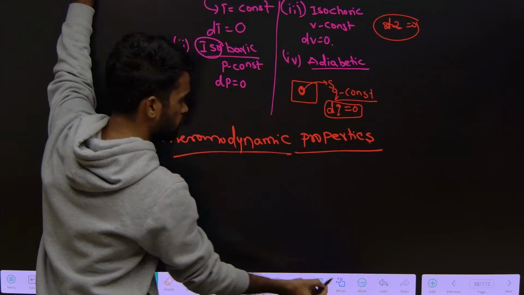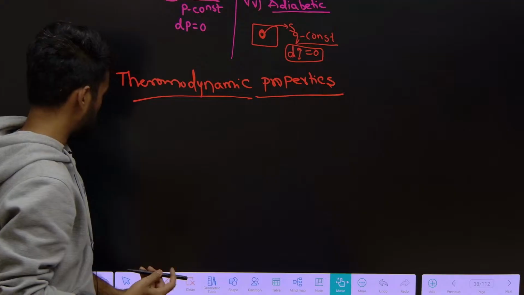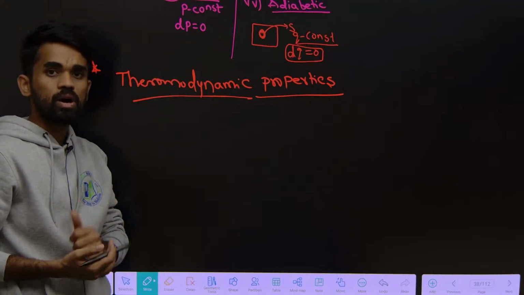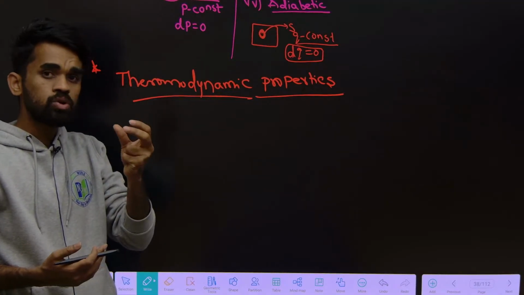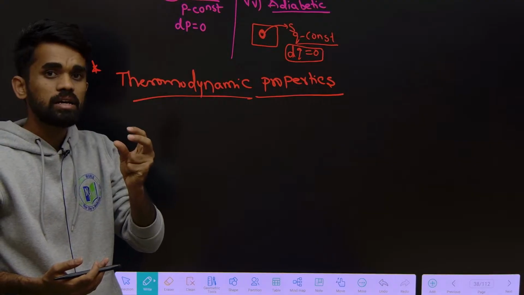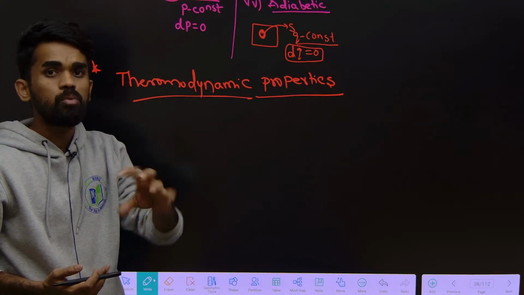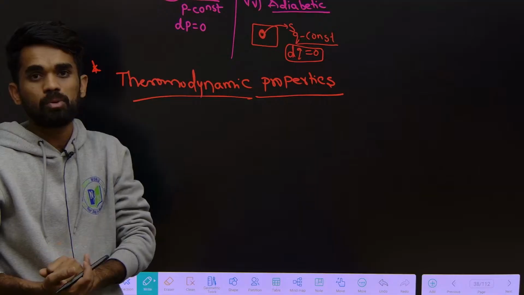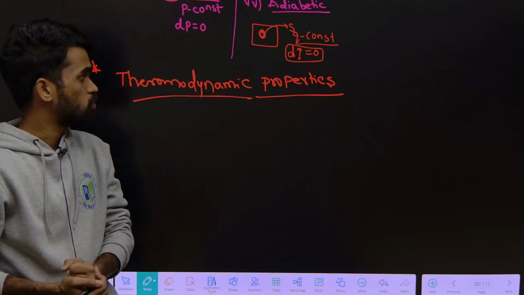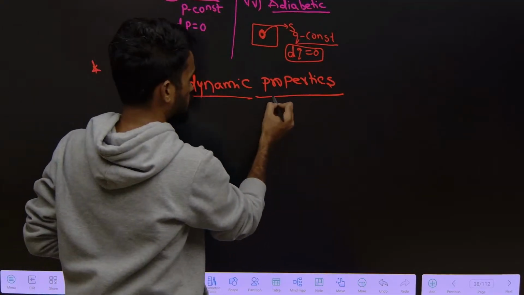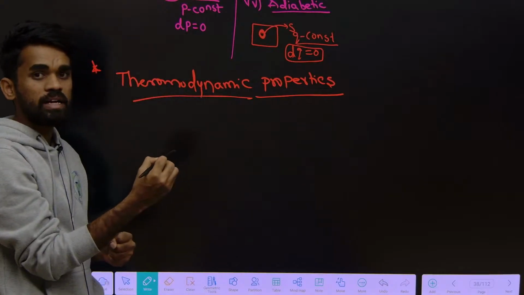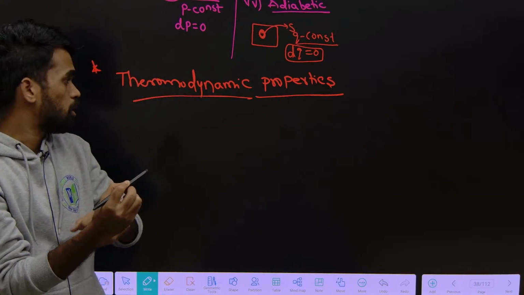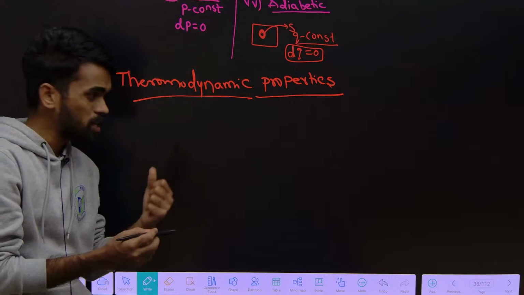What do we mean by thermodynamic properties? There are some physical quantities whose values define completely that particular chemical or thermodynamic process. So there are a few properties whose values define the complete thermodynamic process.